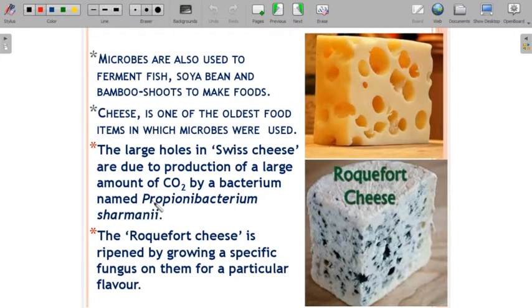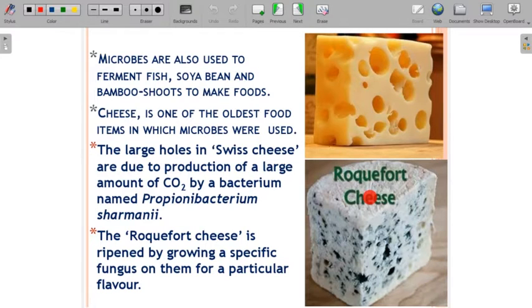In the fermentation process, they take the carbohydrate substance and release a large amount of carbon dioxide, and they also ripen the cheese, which gives a unique flavor. In the board exam they may ask why Swiss cheese has large holes: because of the large amount of carbon dioxide produced by the bacterium Propionibacterium shermanii.